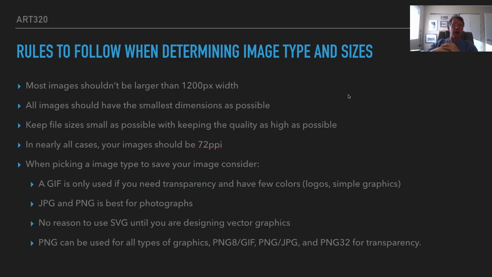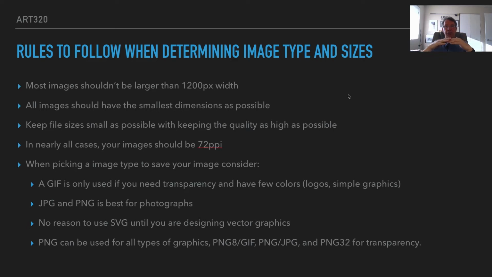Okay, all images should have the smallest dimensions possible. We're talking about the image size. Say you want an image that's going to be 600 pixels wide by 600. Now, the statement I made before was that most images shouldn't be larger than 1200 pixels wide.